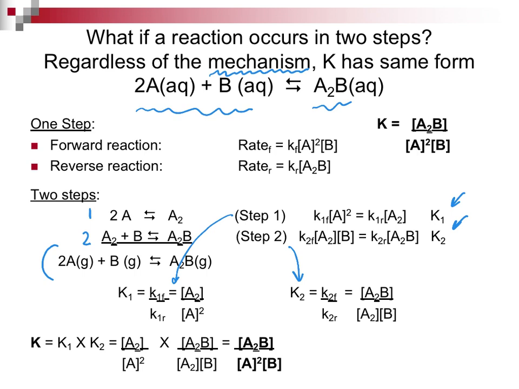Remember in the last chapter that when you add the equations, you multiply the equilibrium constants. So essentially, that's what I did here in the bottom line. Will you be expected to do this in an exam? Heavens no, it takes way too long. But essentially, this is the message we're trying to send home.